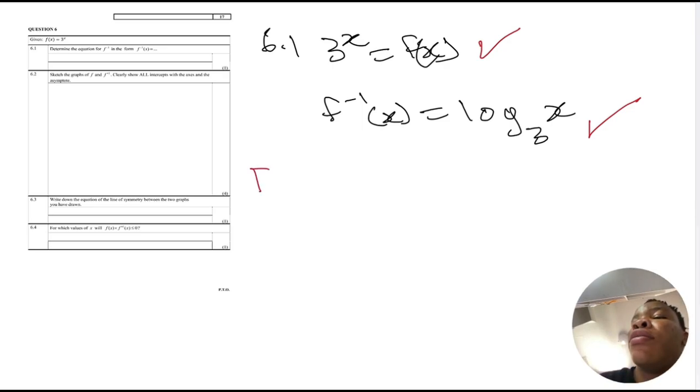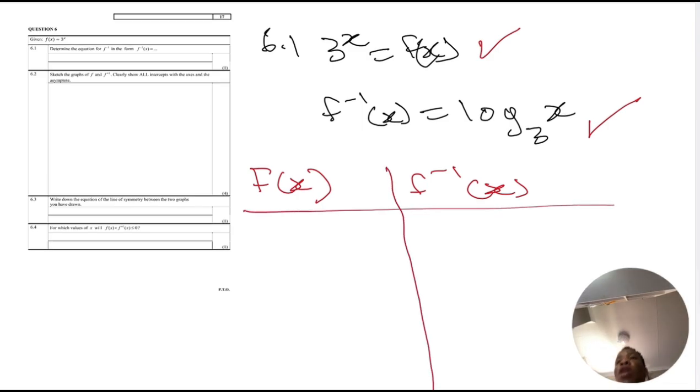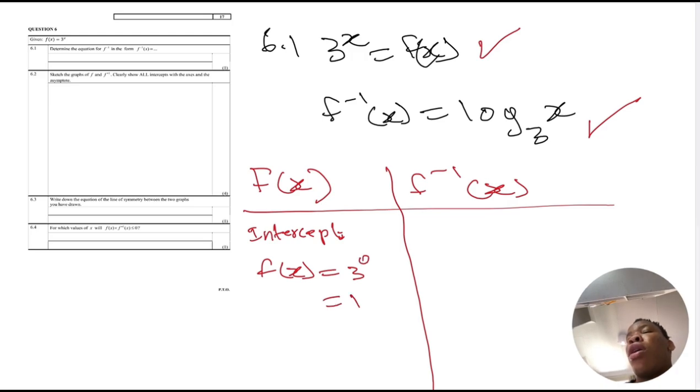So firstly, we must find. Let's put f of x here. F of x. Then the f inverse of x. So now we start finding the intercepts. For f of x equal to 3 to the power of 0, we will have 1. Then our intercept in this case will be 0, 1.